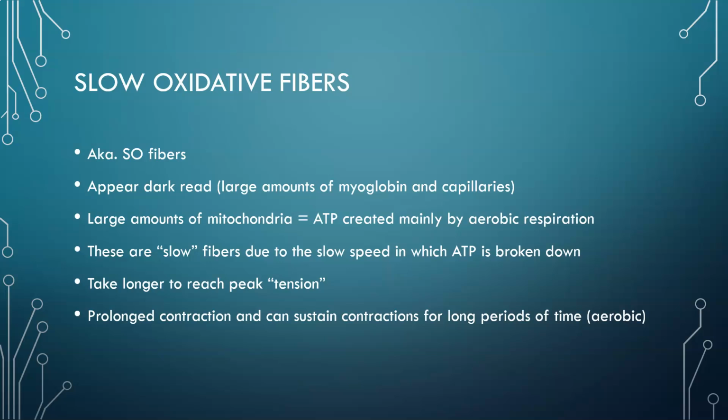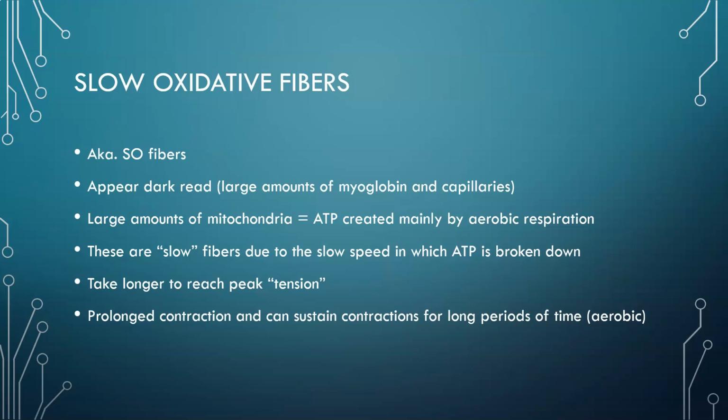These slow oxidative fibers also contain large amounts of mitochondria, which means they form vast amounts of ATP, which of course is created mainly by aerobic respiration, because of the lots of capillaries and lots of myoglobin, which holds oxygen. These are considered slow fibers because of the slow speed at which the ATP is broken down.